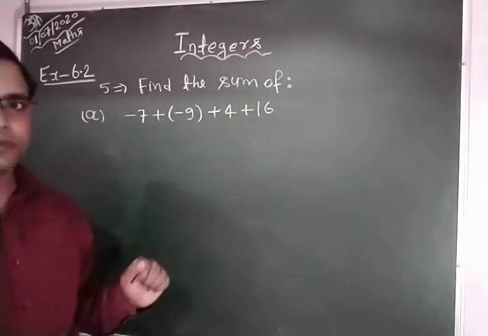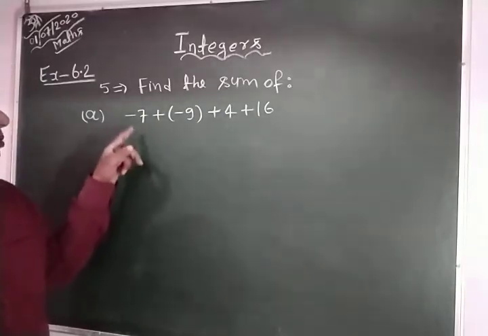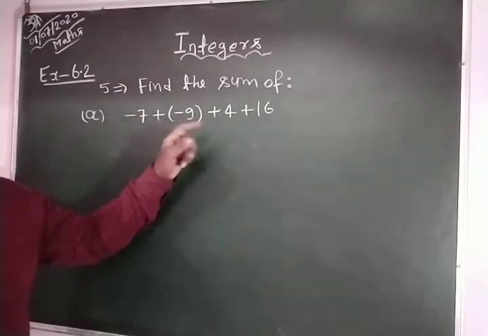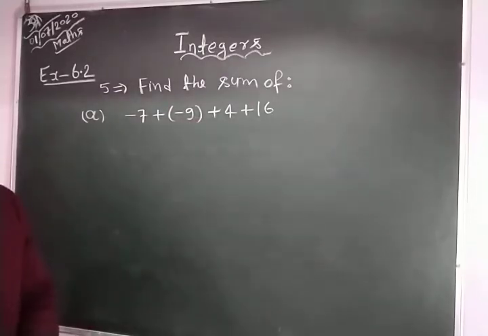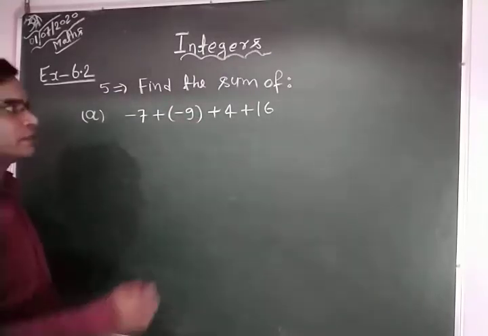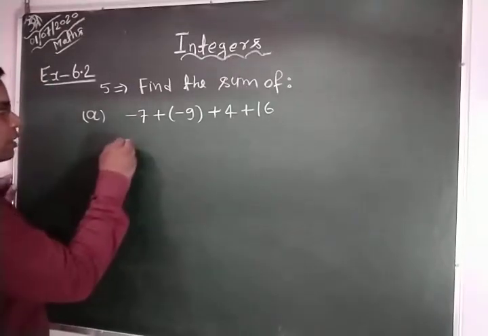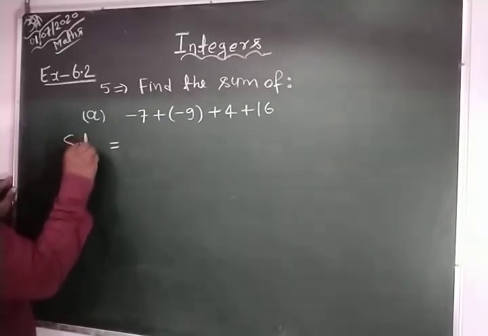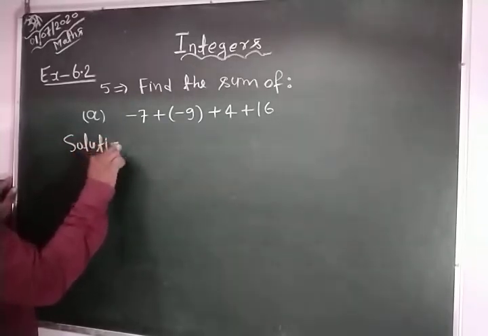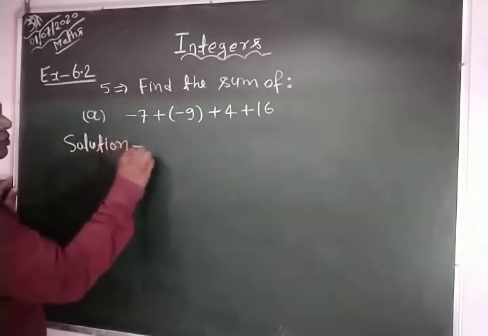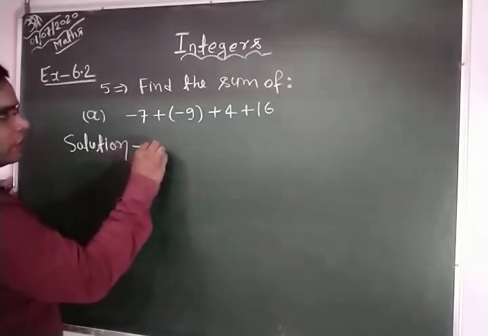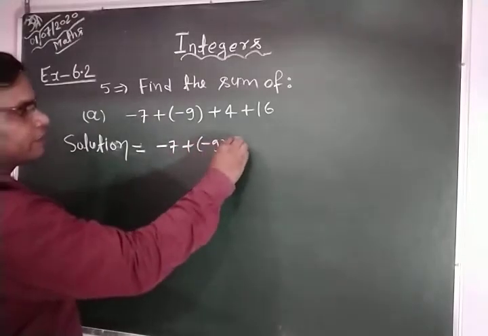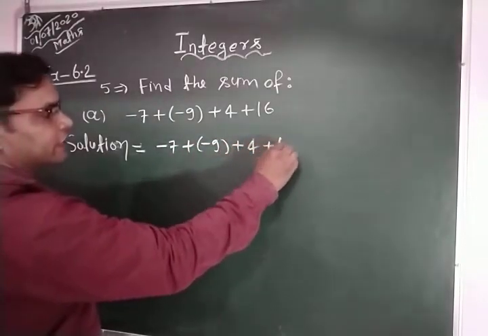Find the sum of, A part of this question: minus 7, plus minus 9, plus 4, plus 16. Okay, so we can write the solution. Solution is equal to minus 7 plus minus 9 plus 4 plus 16.